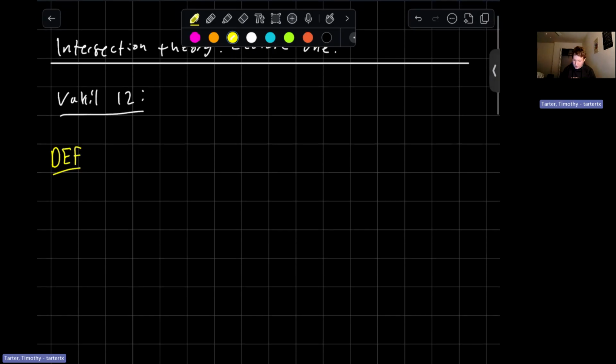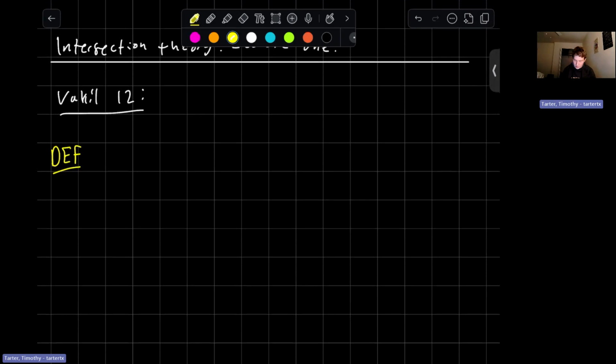Definition: dimension. Let X be a topological space.